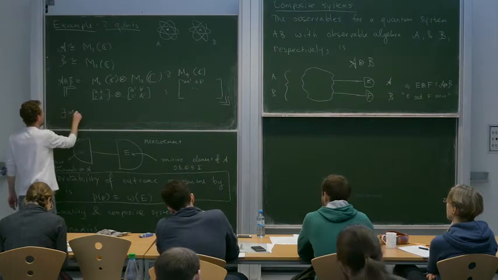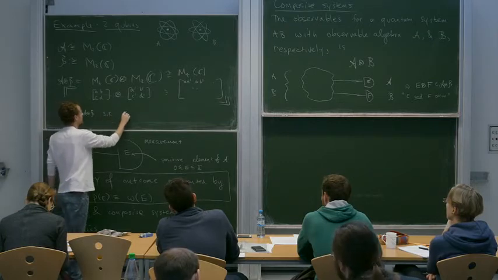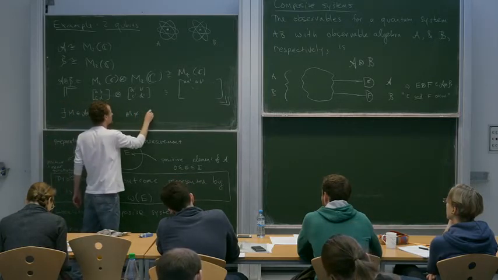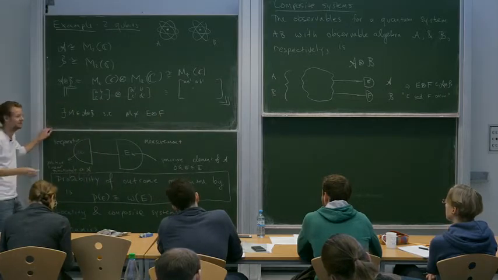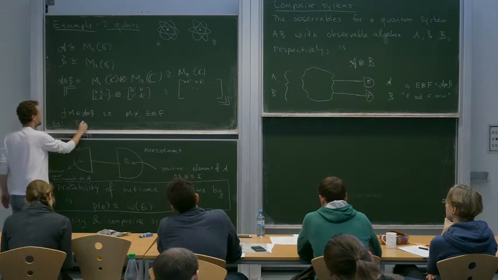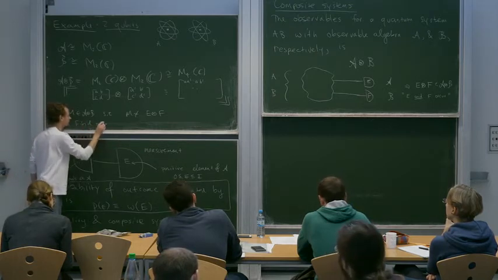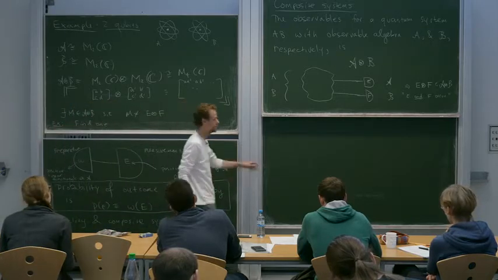There exists M inside A tensor B such that M is not of this nice tensor product form. And the simple exercise is for you to find one. I think you can probably do that as I move over to the next board.